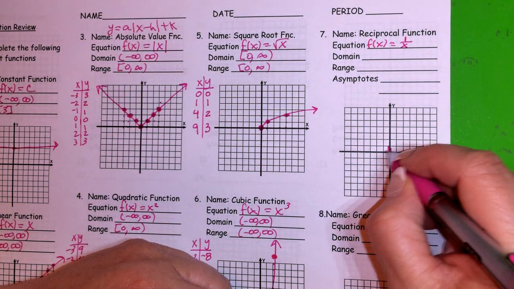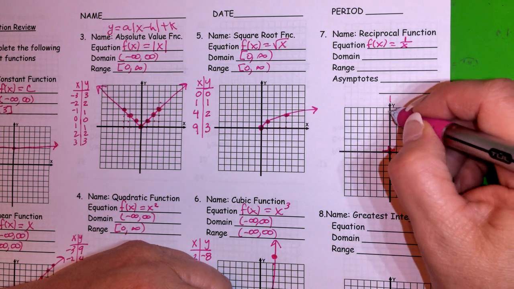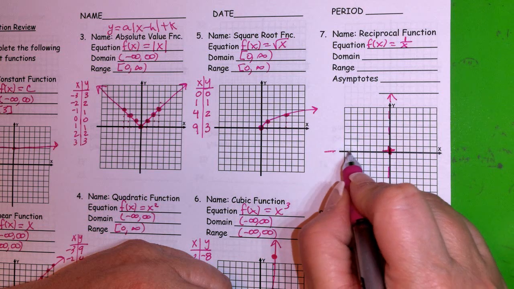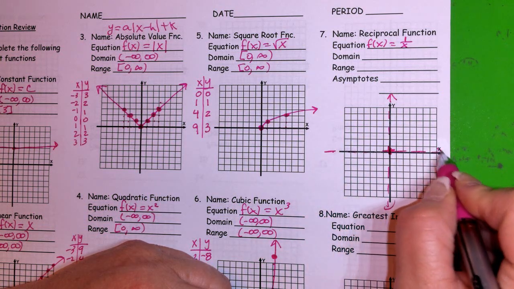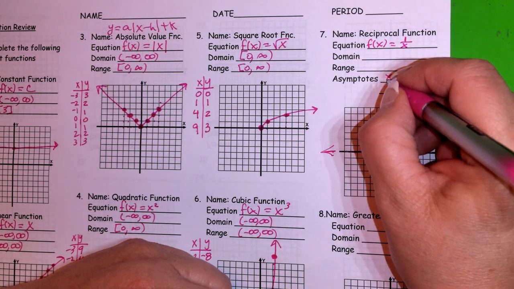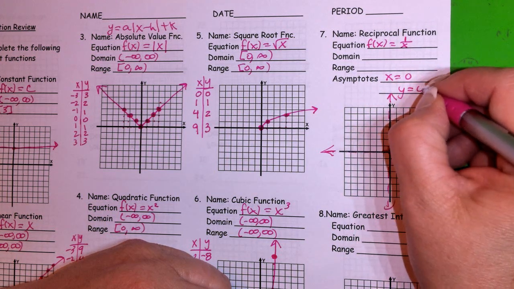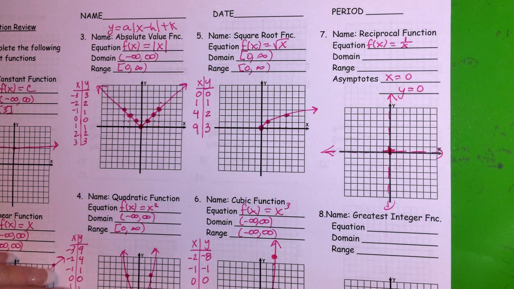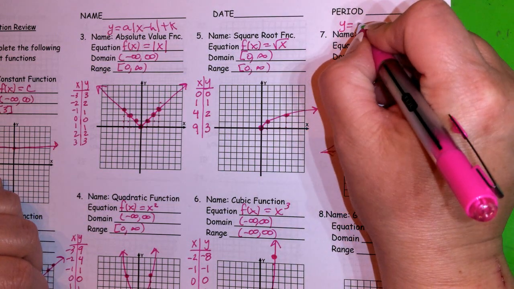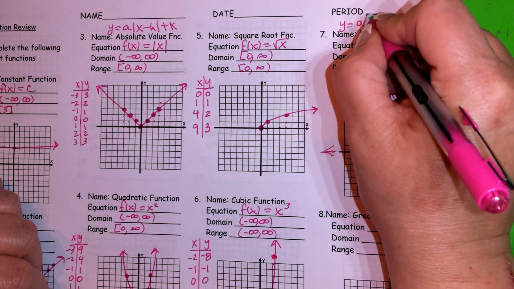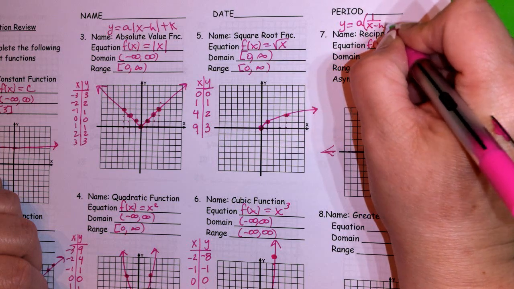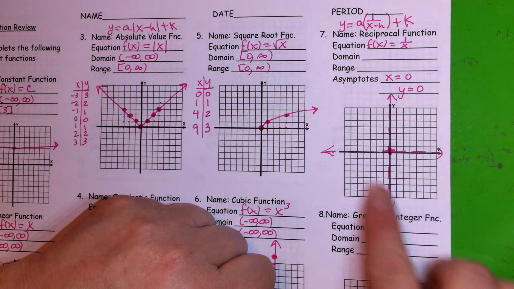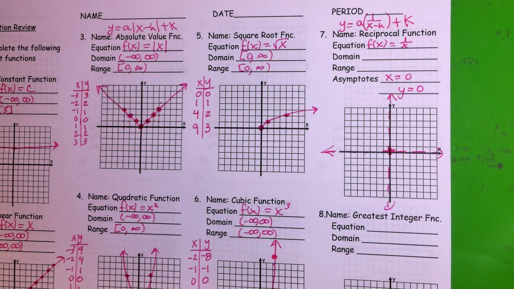So we're going to have an asymptote at x equals 0, and then a horizontal one at y equals 0. We're going to get into more detail later, but you just have to know that whatever your h, k is, so y equals a times 1 over x minus h, plus k, you pull off your h, k, that's going to give you your vertical and your horizontal asymptote.